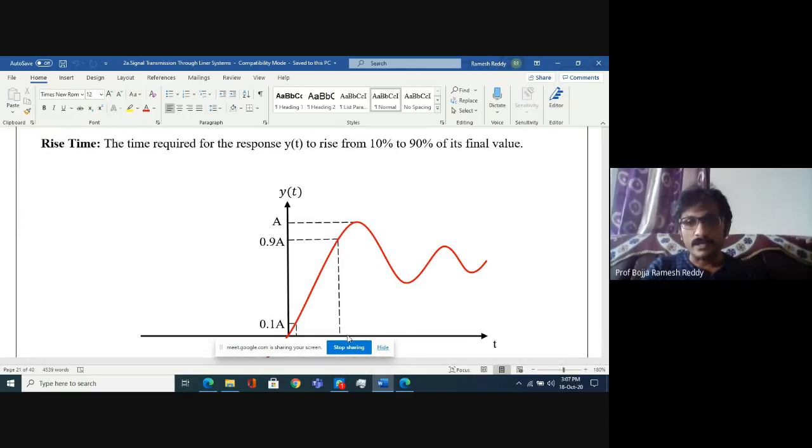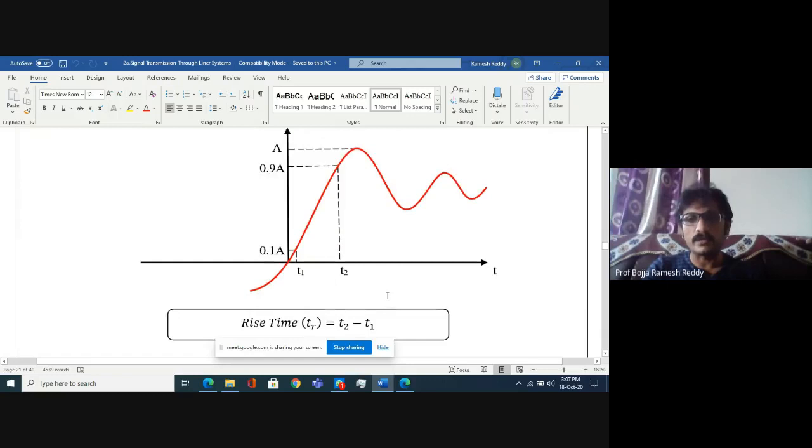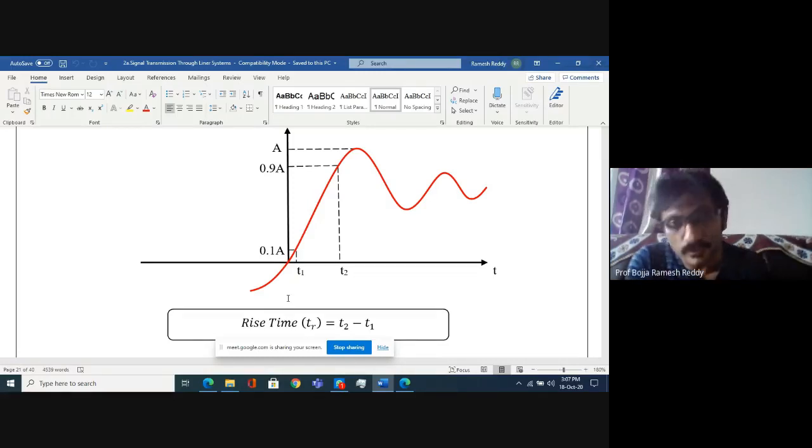Take it as some time t1 or t2, like that. Okay, take for 90% corresponding time is t2. For 10% corresponding time is t1. Now time required for the response to reach y of t or whatever response from 10% of maximum amplitude to 90% of maximum value.